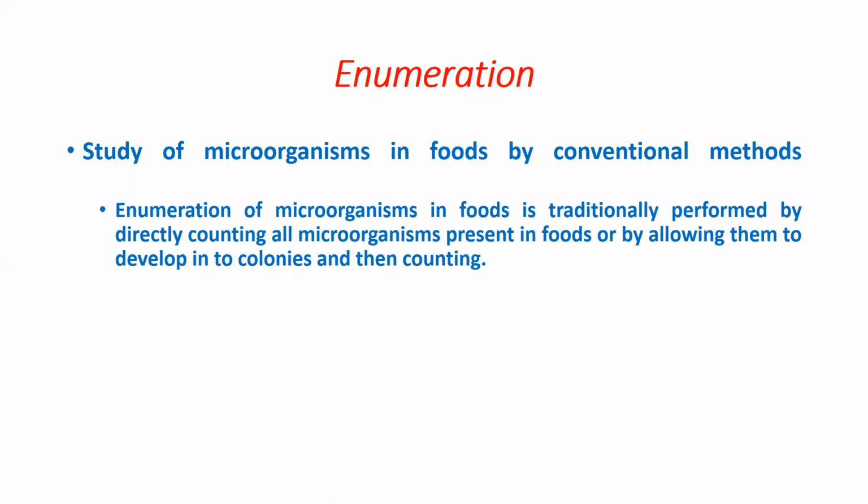Enumeration of microorganisms in food is traditionally performed by directly counting all microorganisms present in food, or by allowing them to develop into colonies and then counting. Either we can traditionally take the food sample directly to the microscope and count how many microbes are there, or else we can culture the microbes in a suitable medium which will enhance their growth and multiplication.